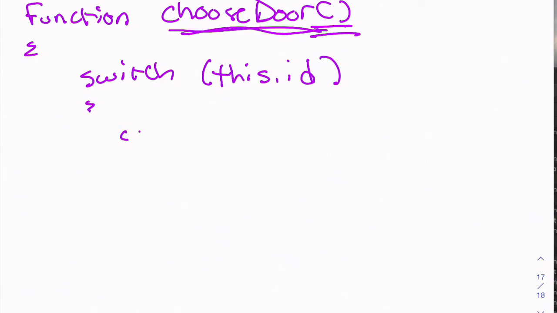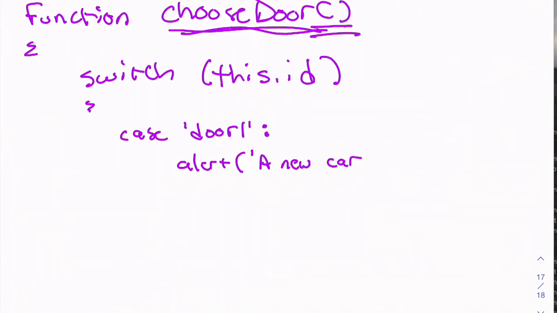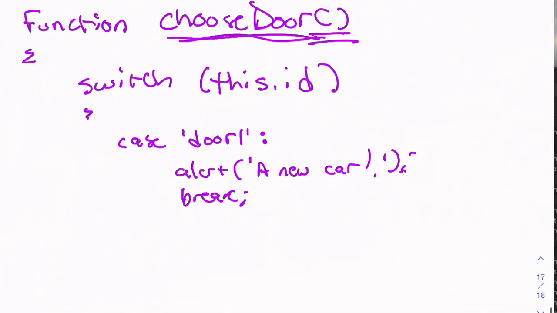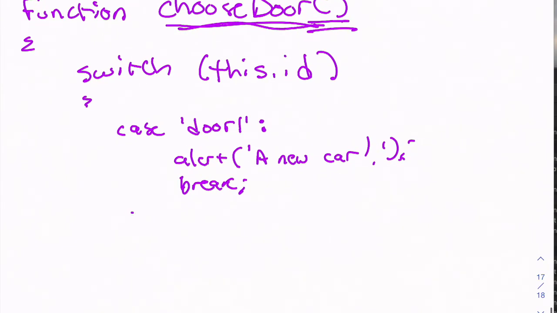And then we can say case door 1, and then we'll do an alert, a new car. And break. So pretty similar to the previous choose_door, except instead of doing a case on a 1, we're doing a case on the ID of the door.